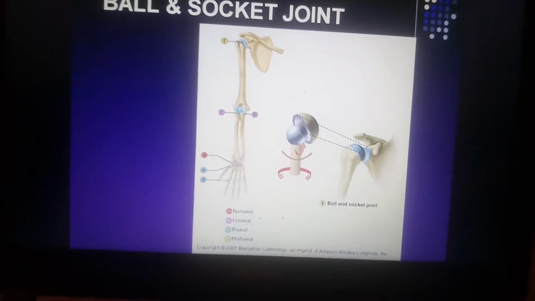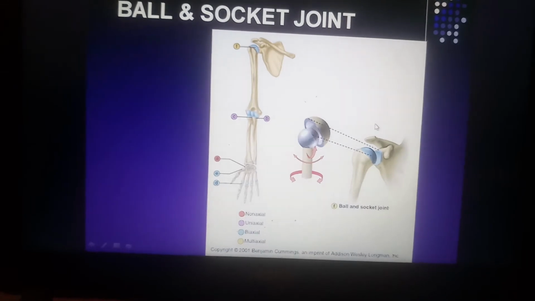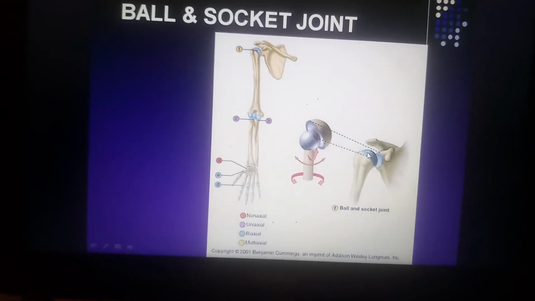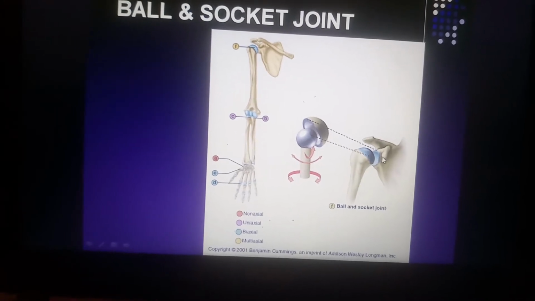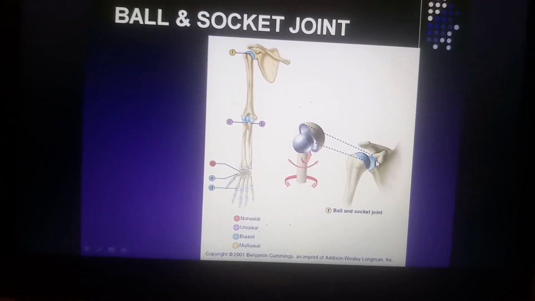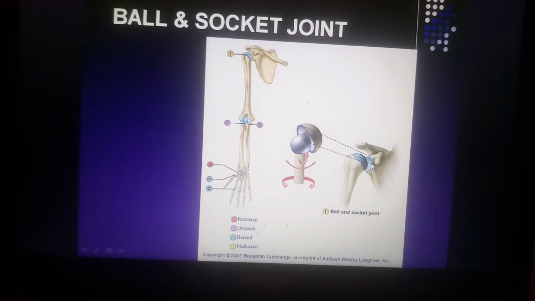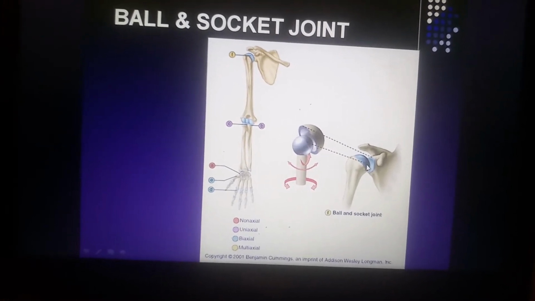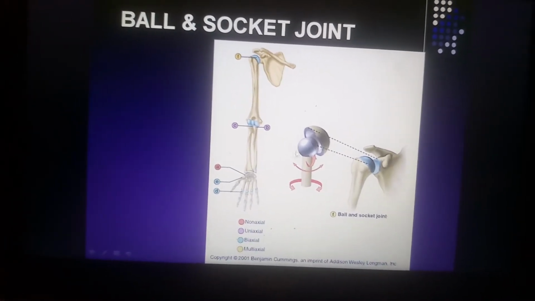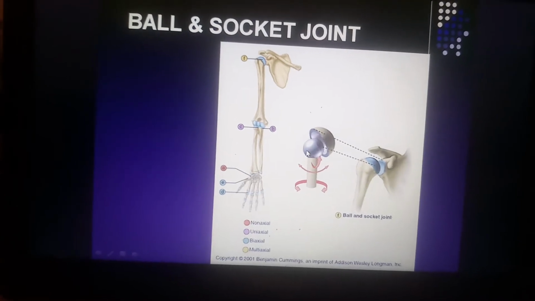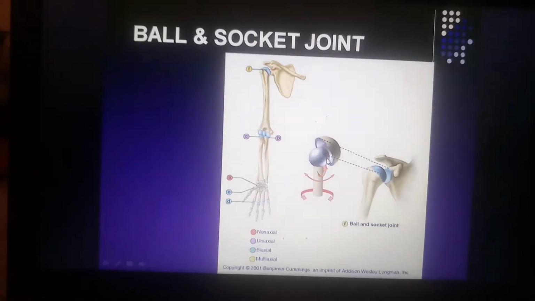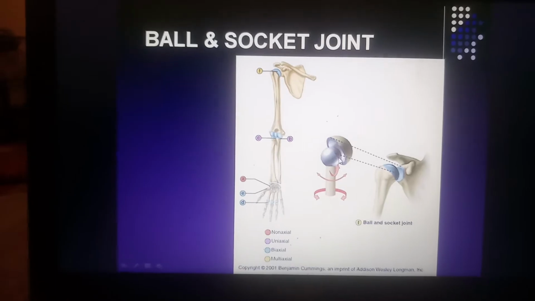Here again you can see the example of the shoulder joint. This is the head of the humerus, and this one is the glenoid cavity. This will act as a socket and this end will act as a ball, and in this way these surfaces get approximated and form the ball and socket joint.